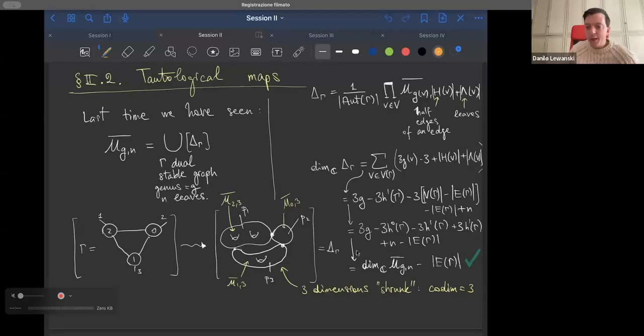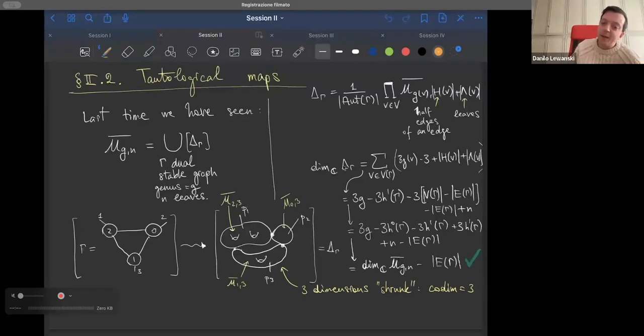So now, if you expand this guy again, you get 3g minus 3 times h0 by the Euler characteristic, because you can see that this is basically the Euler characteristic, and minus 3 times h1 plus 3 times h1. So you just simplify these, but of course the graph is connected, so h0 is 1. So you get 3g minus 3 times 1 plus n minus the cardinality of the edges.